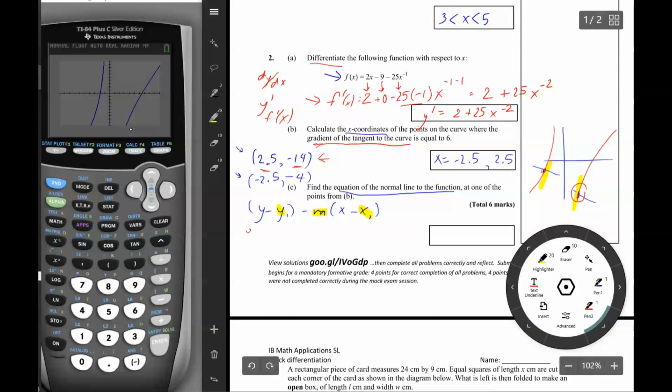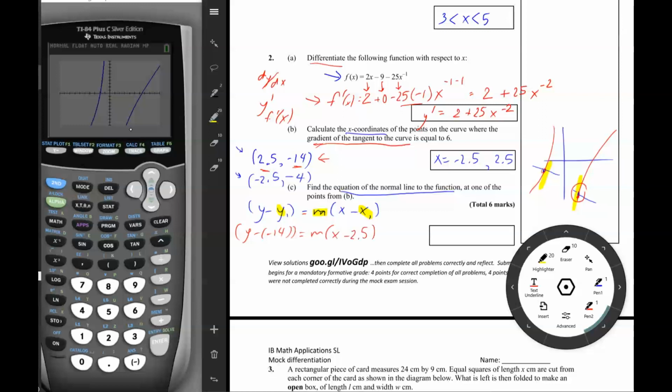So I'm going to put y minus negative 14. Oh, I'm sorry, that's an equal sign there. Equals, and then there's a slope, which we'll talk about later, x minus 2.5. So that would be the equation of my line. I just need the slope.